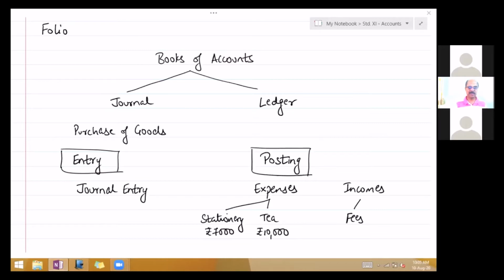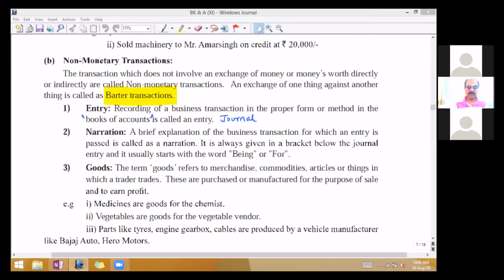In a cloth shop, the owner first purchases from either a wholesaler or the manufacturer the cloth, the ready-made garments, trousers, shirts, or dresses, all this he buys, and the same thing he later sells. So those are goods. Whichever article in which you deal, which you buy and sell, you call them goods.